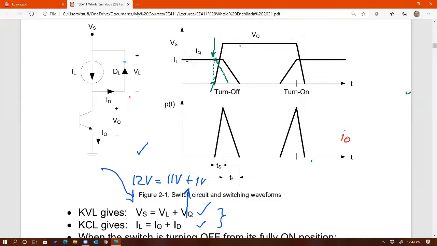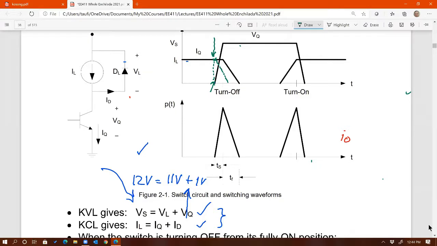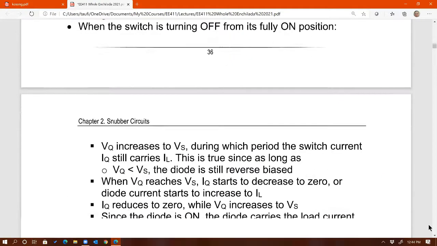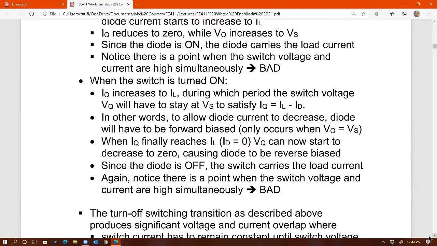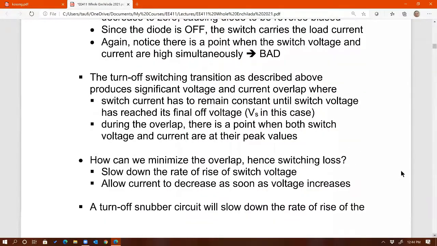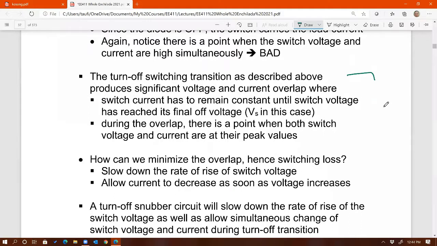So that's the solution. We should be able to do this if we can come up with a circuit that does either or both, but luckily a snubber can do both. So these are the two solutions. Once you understand the problems, these are the two solutions that I just discussed with you.